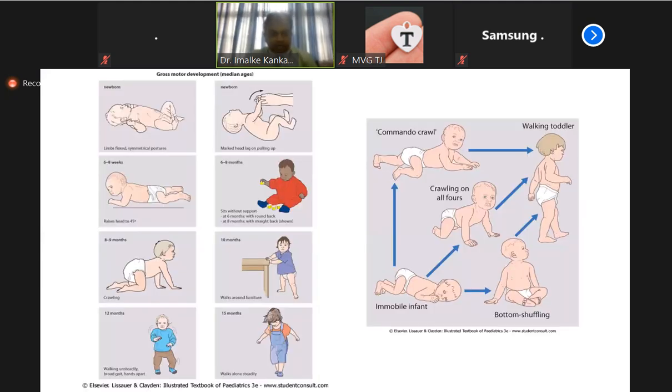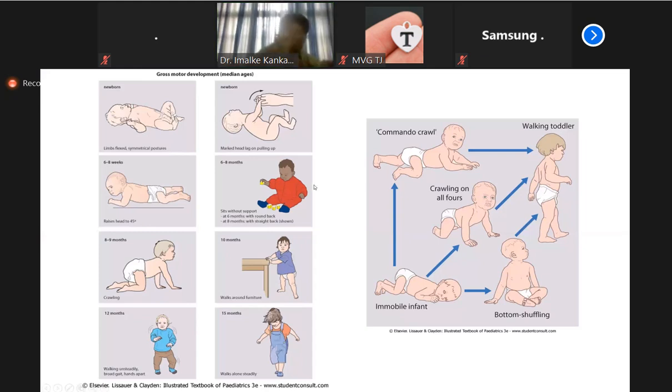So developmental assessment. This is what exactly you have in your illustrated pediatric books. These 4 pages are extremely important. I don't mind even if you take snapshots of these four pages on your phone, because the phone is the one which you use to refer most of the time.